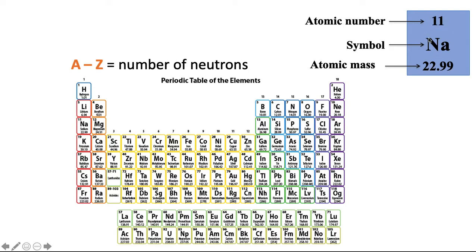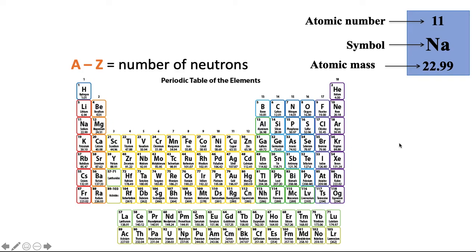This number above the symbol is called the atomic number, and it's designated with Z. That is its symbol. So Z is the atomic number for an element, and it is found right above it in the periodic table.